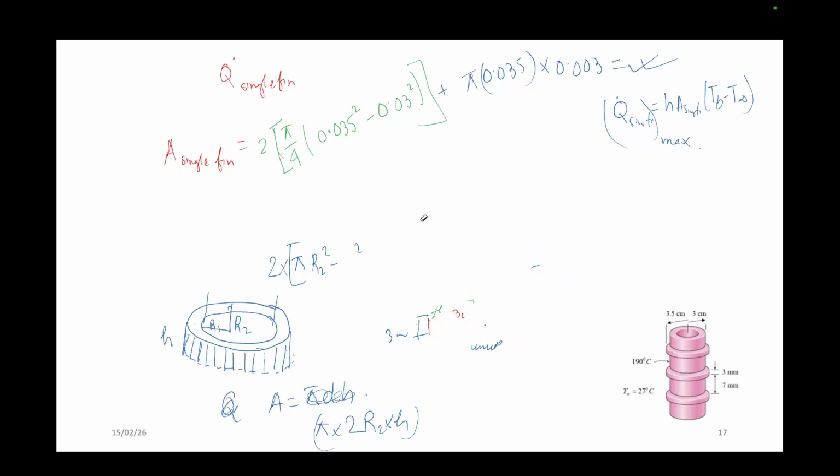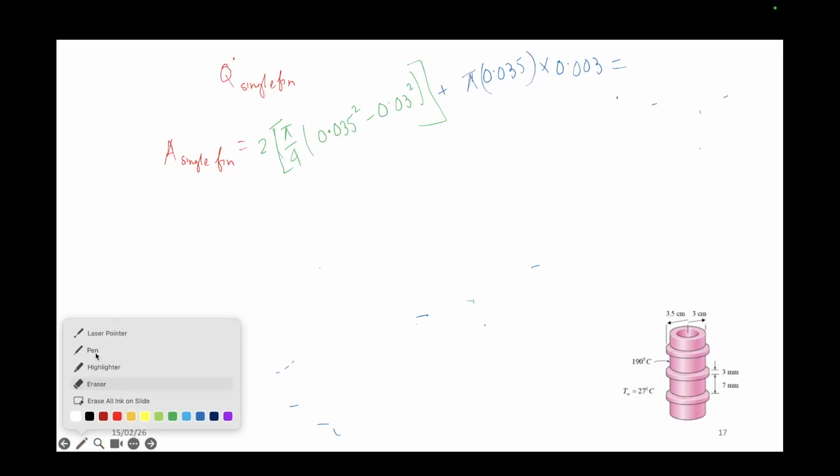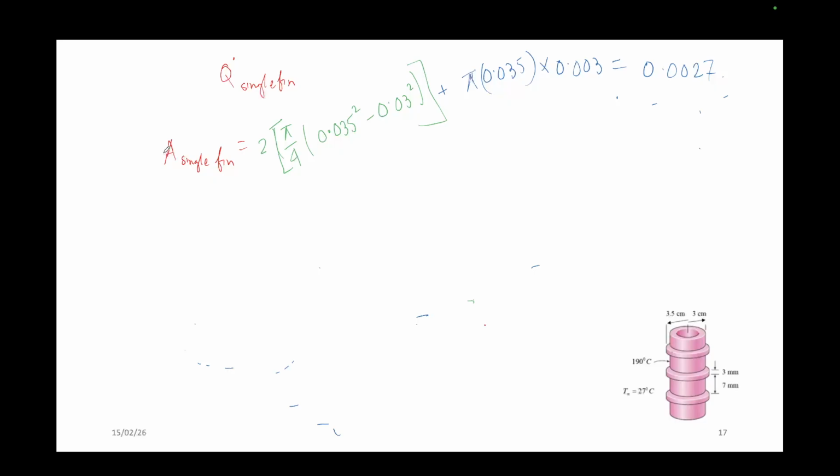Just a minute, for better understanding, I am just putting the value here. The value you got here will be around 0.0027. Up to this it is clear? Please tell.